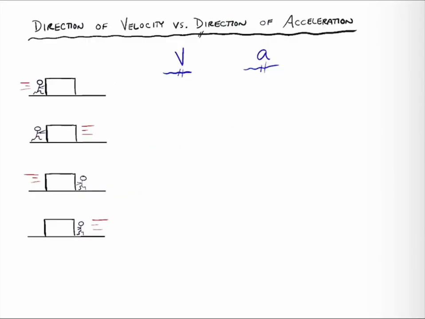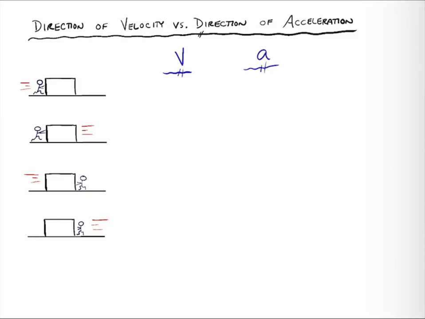Now, the most confusing thing about acceleration and velocity is the direction of each in a given scenario and what impact that has on the object's motion. So we are going to take a look at these four scenarios. We have a situation where someone is pushing a block to the right while that block is already moving to the right. So the block is sliding to the right and someone's pushing it in the same direction that it's going.